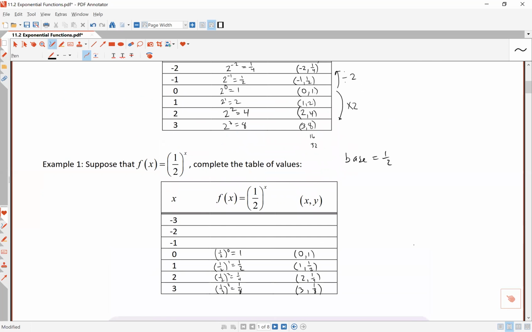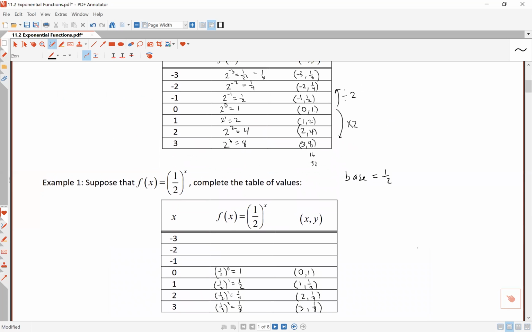So what we see in comparison is that we're getting these numbers on the other side. We're flipping them so that when we plug in negative 1, we're going to expect these numbers. 1/2 to the negative 1 is 2. 1/2 to the negative 2 is 2 squared, or 4.